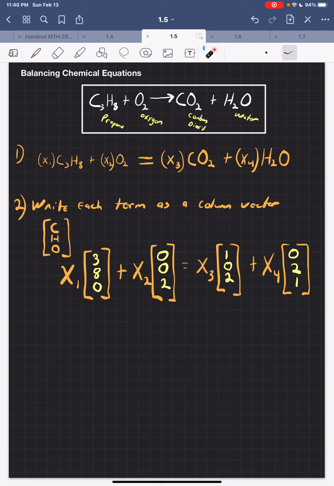All right, so hopefully you're okay with how we have gone from here to here. And now what we're going to do is set the equation equal to 0.